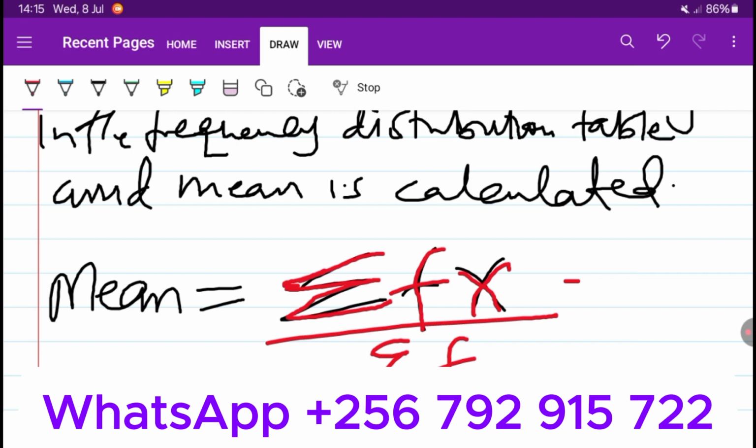But as I told you here, we first present or arrange the data in what we call a frequency distribution. So the way we do this is in a sense that we will find that the individual data values that have been given to us are going to be very many.